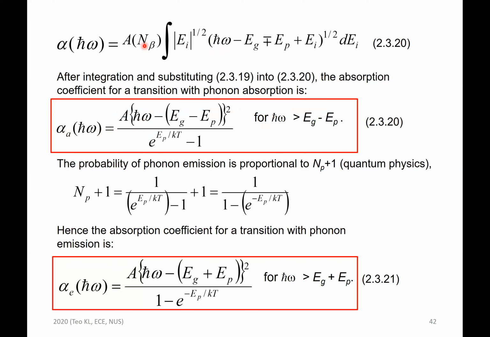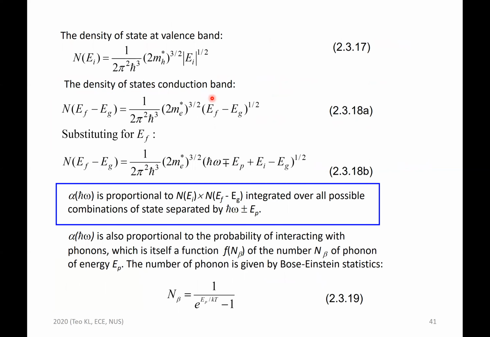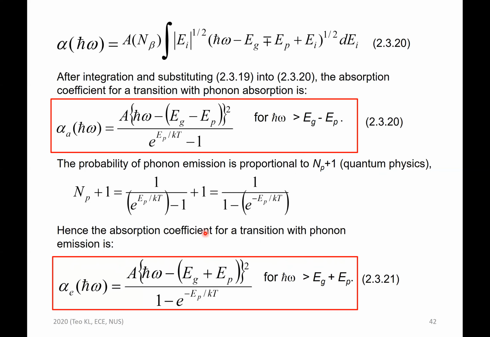By integrating and substituting all the values of 2.3.19, which involve the temperature and the number of phonons involved, you will get this term. This term gives rise to the absorption coefficient due to the absorption of phonon energy.